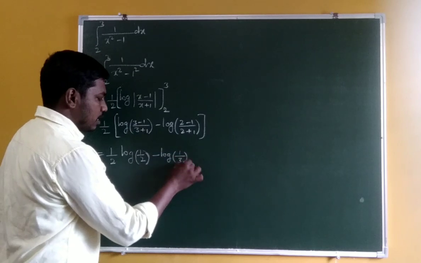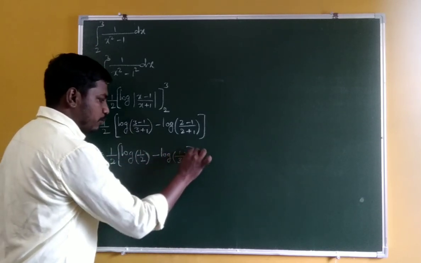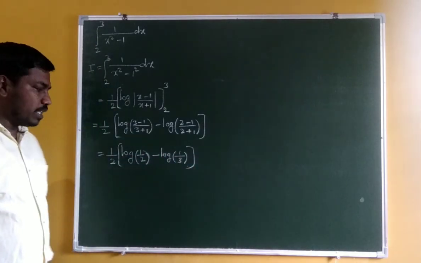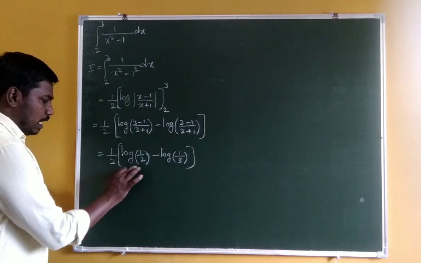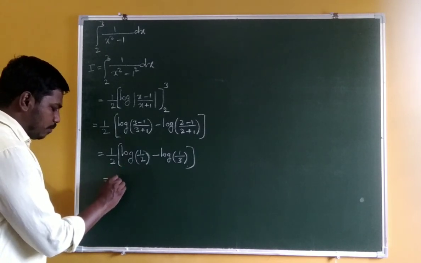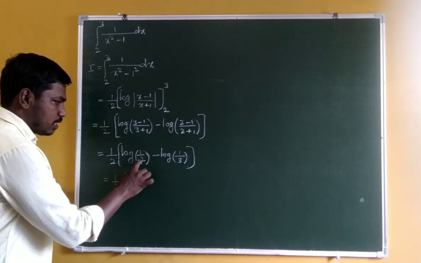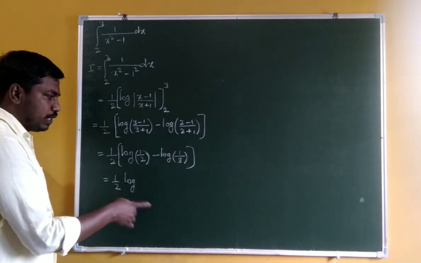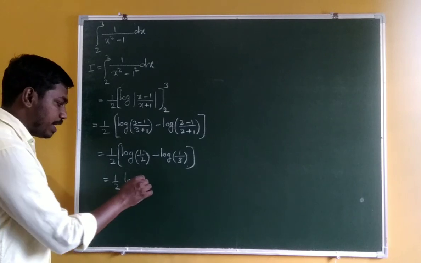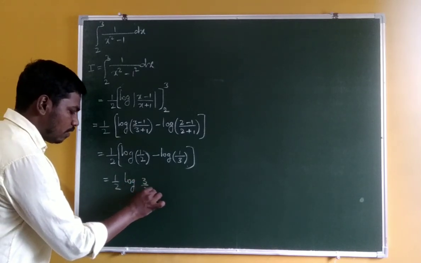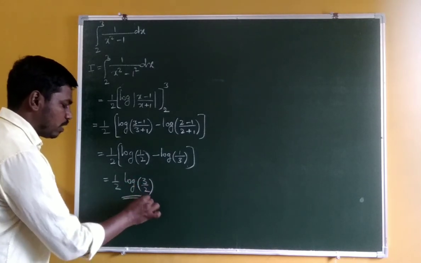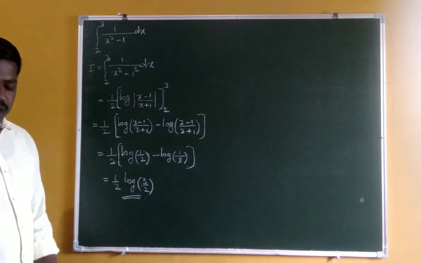So log 1 by 2 minus log 1 by 3. Stop here and apply the property log m minus log n equals log of m by n: 1 by 2 divided by 1 by 3 means 3 by 2. So the answer is 1 by 2 into log of 3 by 2.